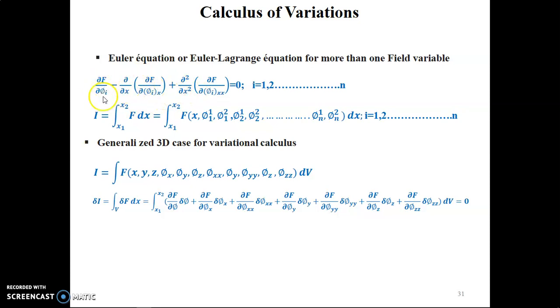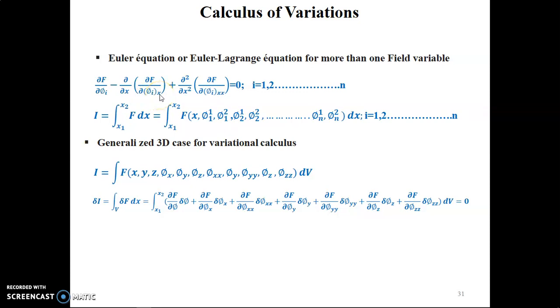In case of the field variable, we will be subscripting it by i. Here i stands from 1 to n, and it will denote the number of field variables associated with a particular engineering problem. If we want to represent the derivative of the field variables, then we bracket the phi i and provide a subscript x.